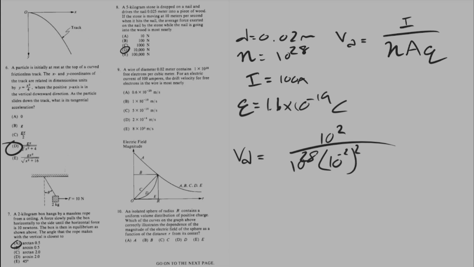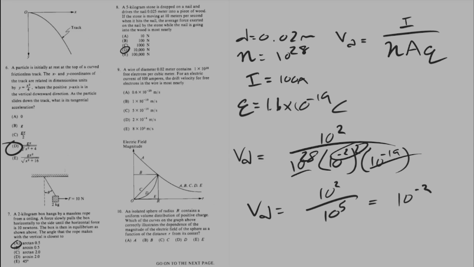Charge is 10 to the minus 19. Combining all the things on the bottom, I have 10 to the 28, 10 to the 19. That leaves us with 10 to the 9. The area gives us minus 4, so I'm going to end up with 10 squared over 10 to the 5, which is going to give 10 to the minus 3.